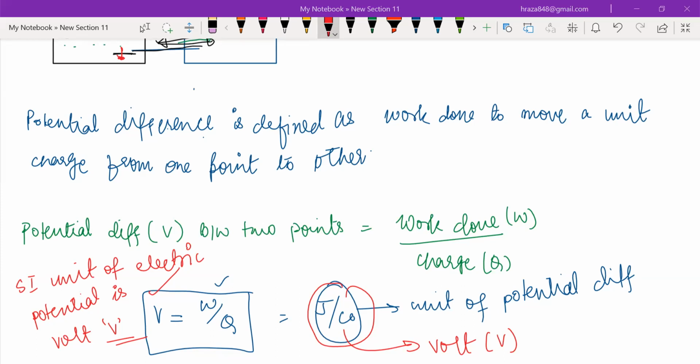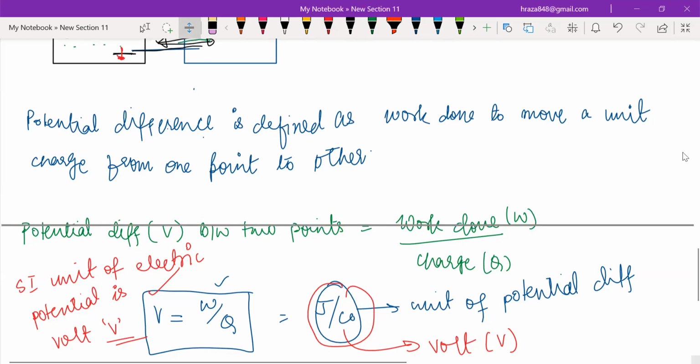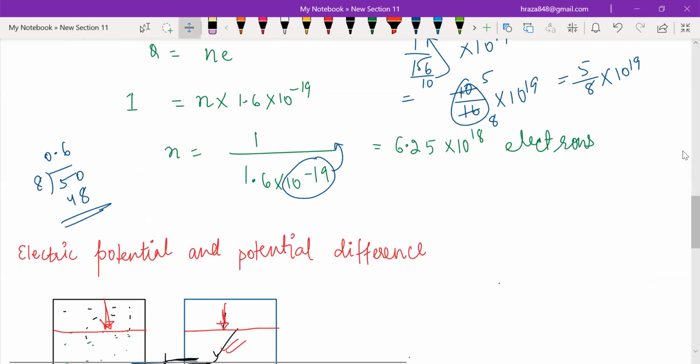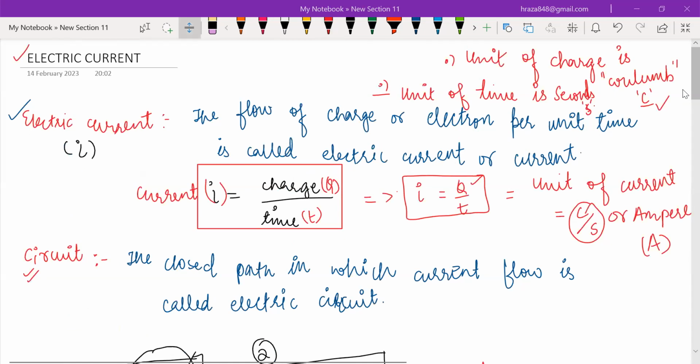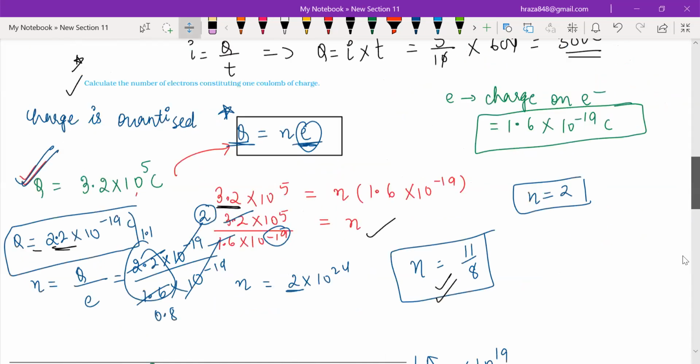SI unit of electric potential is volt. Either you can call it joule per coulomb, but it is known as volt. Like coulomb per second is the unit of current, but its name is ampere.